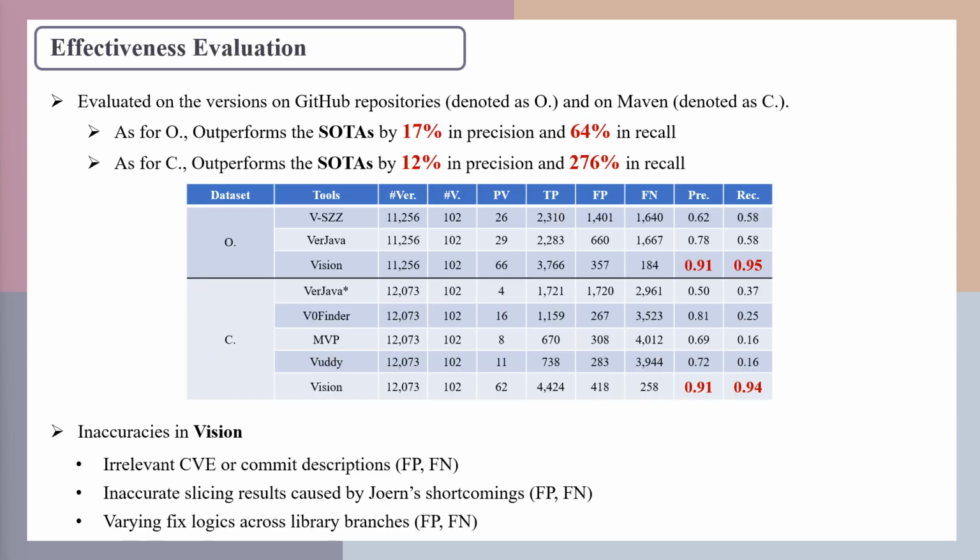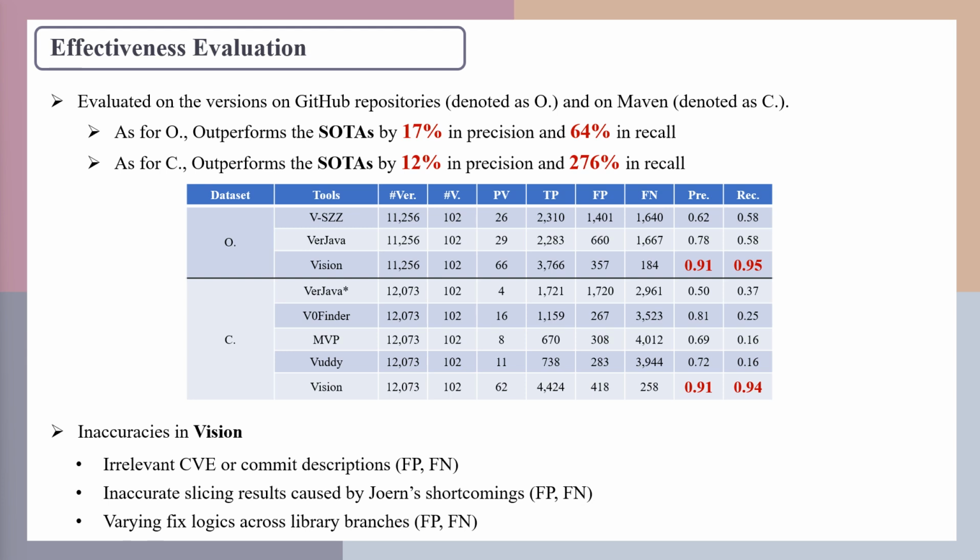We evaluated the tools against both patch-based approaches and clone-based approaches on GitHub repositories and on Maven. In terms of effectiveness evaluation, we outperformed the SOTAs on both GitHub repositories and Maven.